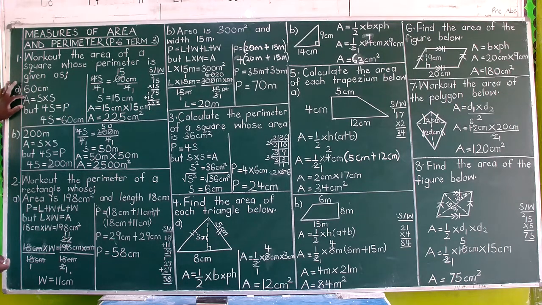So we start right away by stating the formula for the area of a square which is required by the examiner. You say area of a square equals side times side. Now I don't have a side, but this side is embedded in the perimeter. You say, but 4 sides equals perimeter. You say, but 4 equal sides equals the distance around that square, which is perimeter. Then you say 4s equals the perimeter given as 60 centimeters.